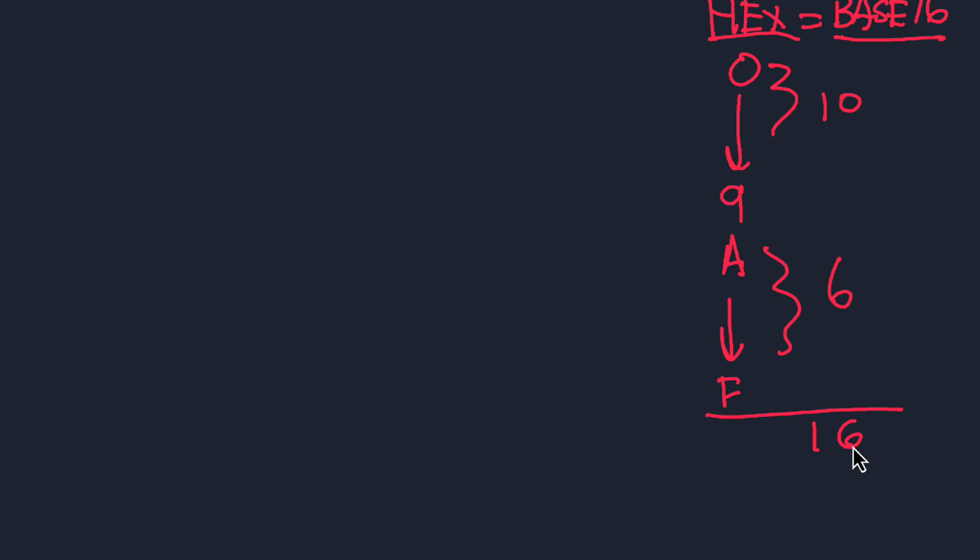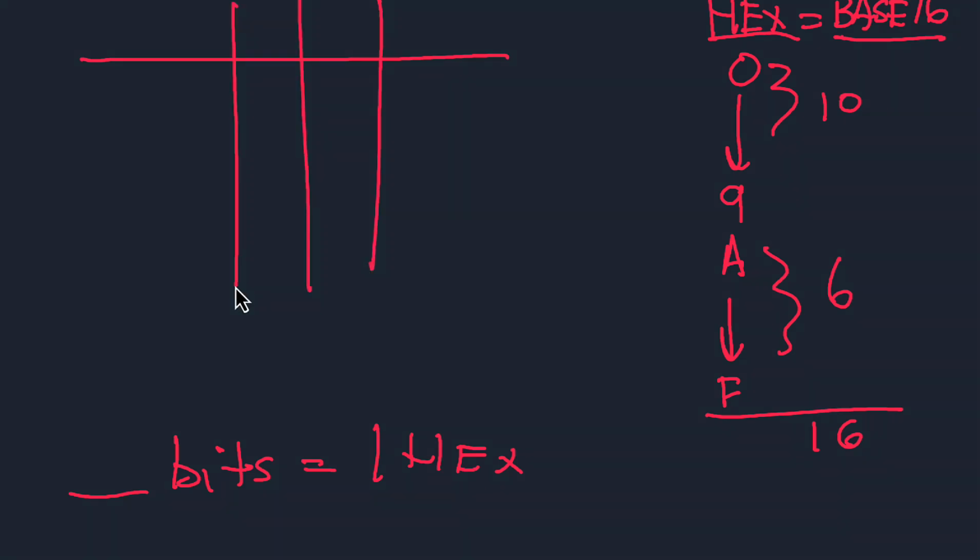Another question is, how many bits is equal to one hex character? Before we could answer that, we need to take a look to see the binary table. So we're going to get an introduction to binary. So we're going to have 2 to the power of 0, 2 to the power of 1, 2 to the power of 2, and 2 to the power of 3.